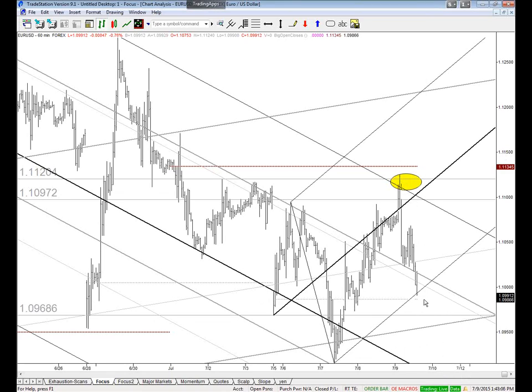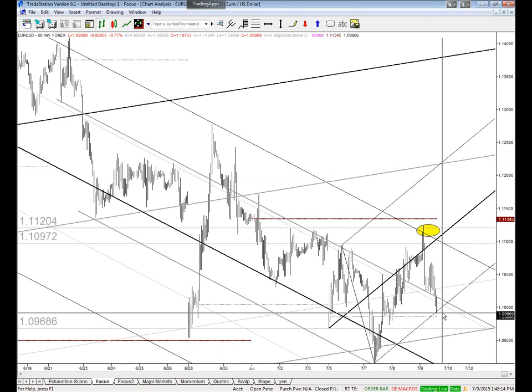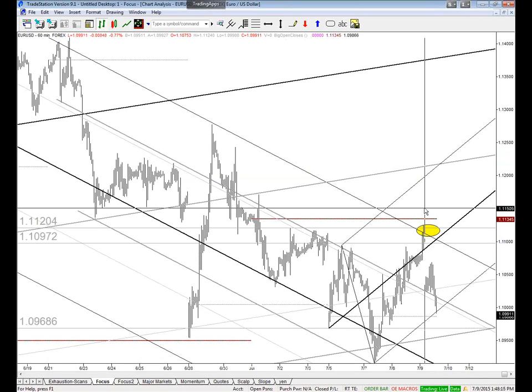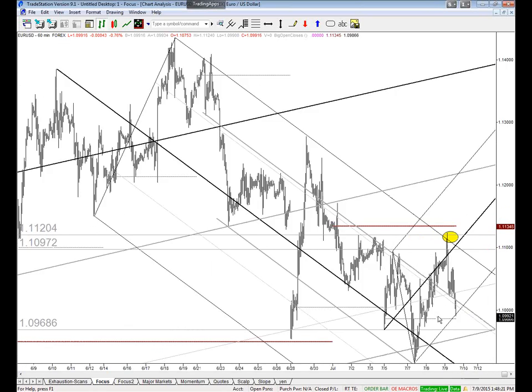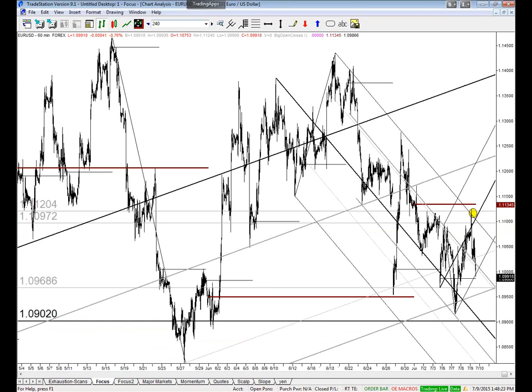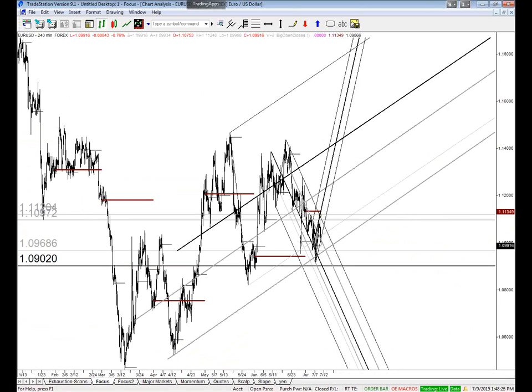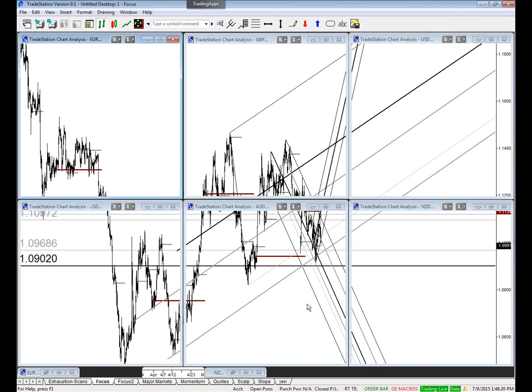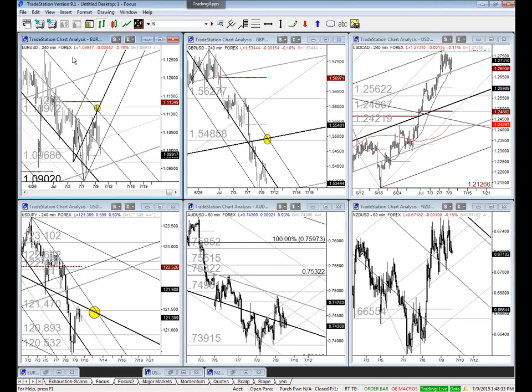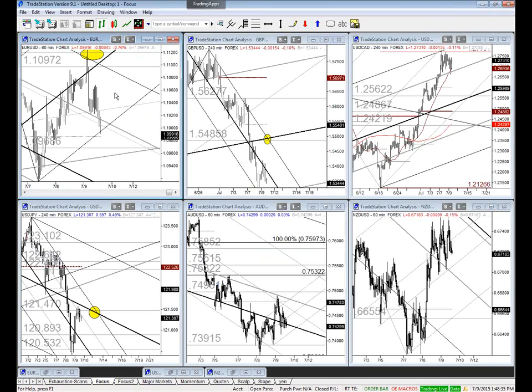So hopefully by today we have a pretty good idea whether or not this thing has any chance of turning up. 111.20 obviously was ideal as far as resistance is concerned, but we're still trading on this lower parallel. So stuck between a rock and a hard place as far as euro dollar is concerned. The way I'm looking at it right here.